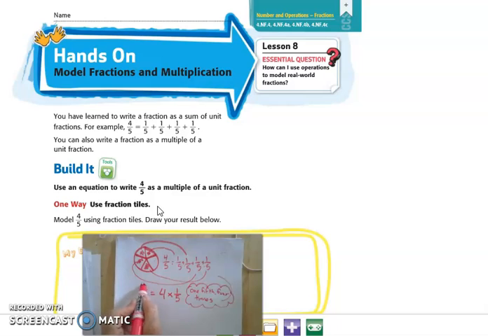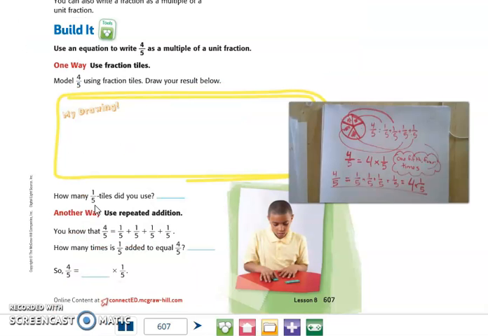So this 4/5, can we still see? Yeah, 4/5 equals 1/5, 1/5, 1/5, and 1/5, and all that equals 4 times 1/5. These are all the same, written in different ways. How many 1/5 did you use?